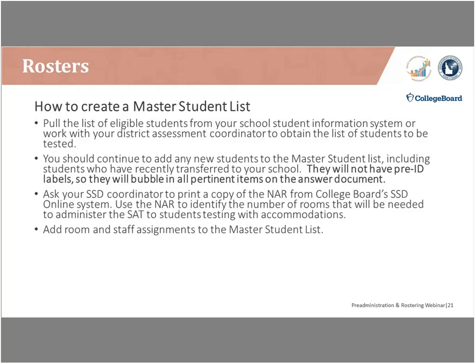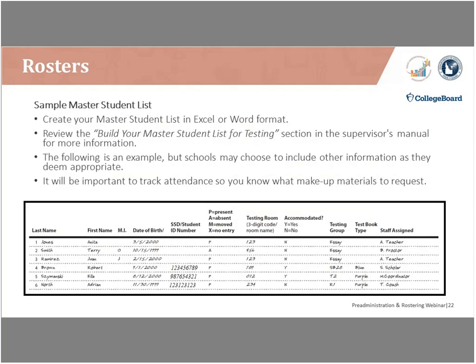And then basically you have completed the things that you'll do with assigning your staff from that particular master student list. So here's a screenshot of a sample master student list.